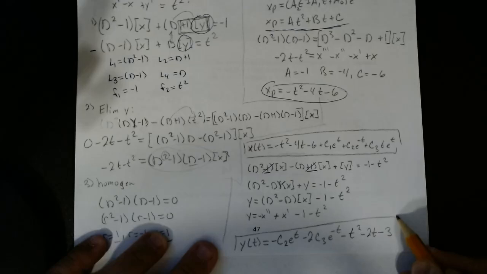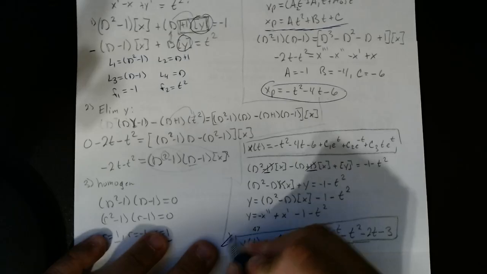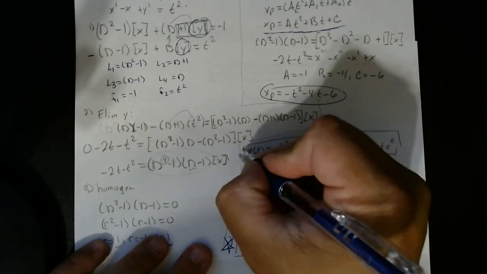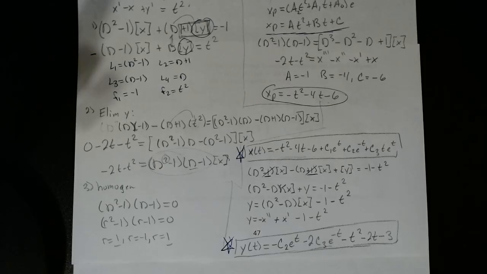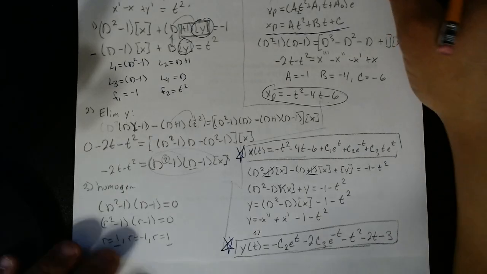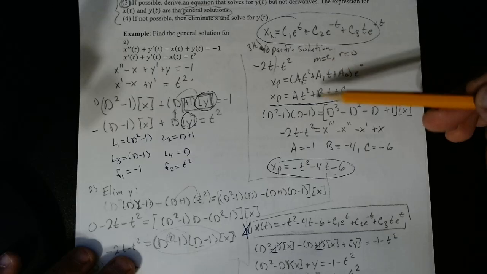Finally, we solve for y. So, what are my final answers? This one and that one. So if you notice, it doesn't matter which one you solve for first individually, x or y, because you will still have to go through this process anyways.